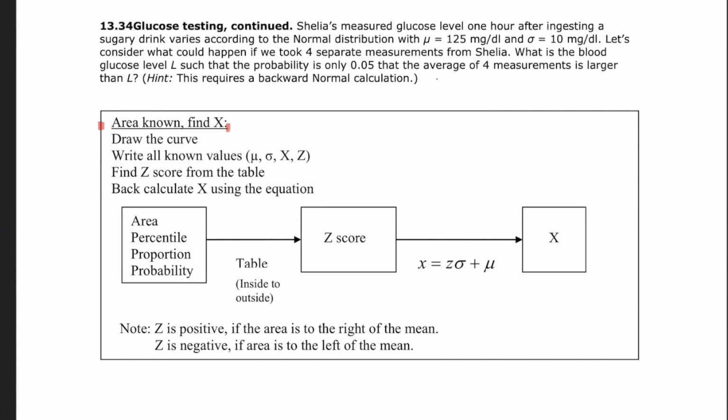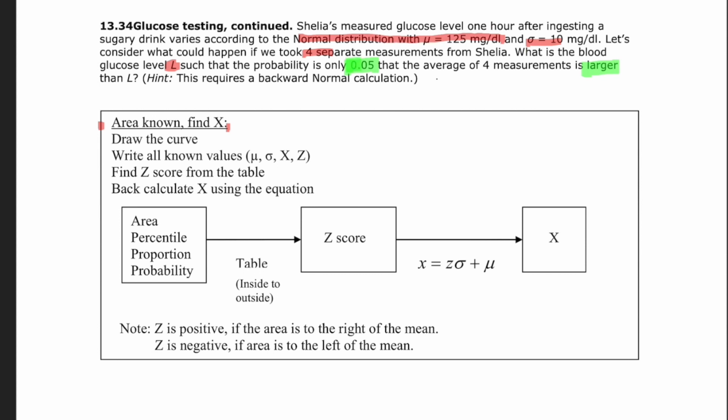If you read through the question stem, the information given is a normal distribution with mu and sigma, and 4 separate measurements were taken, so that's sample n. And what is the blood glucose level L, such that the probability is only 0.05 that the average of the measurements is larger than L.